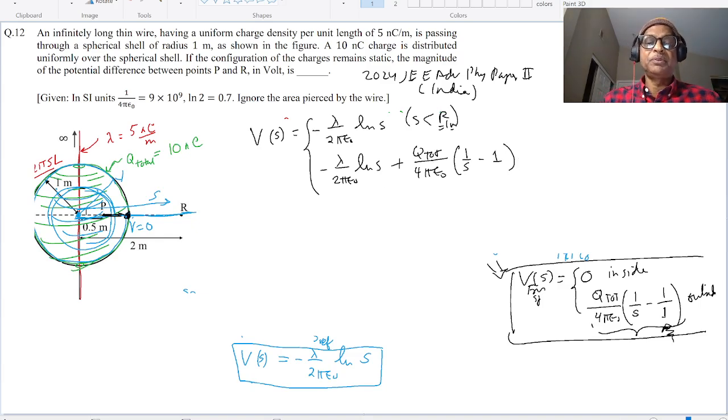And you can see for S equal to 1, this is 0. So the reference is S equal to 1, V equal to 0.